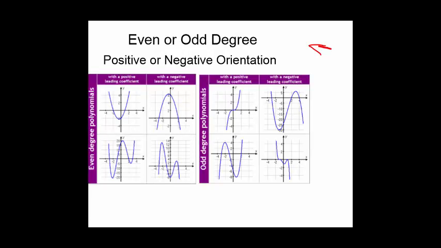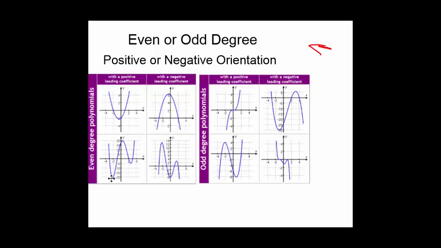Even degree polynomials, think of quadratics, that's the easiest example. Notice what they always do: both ends of them always shoot off in the same direction. Thinking back to our quadratics unit, we know that the leading coefficient is positive because it opens up, and if the leading coefficient is negative, it opens down. We'll talk about the domain and range of these in a future section, but right now we're just going to do the basics.